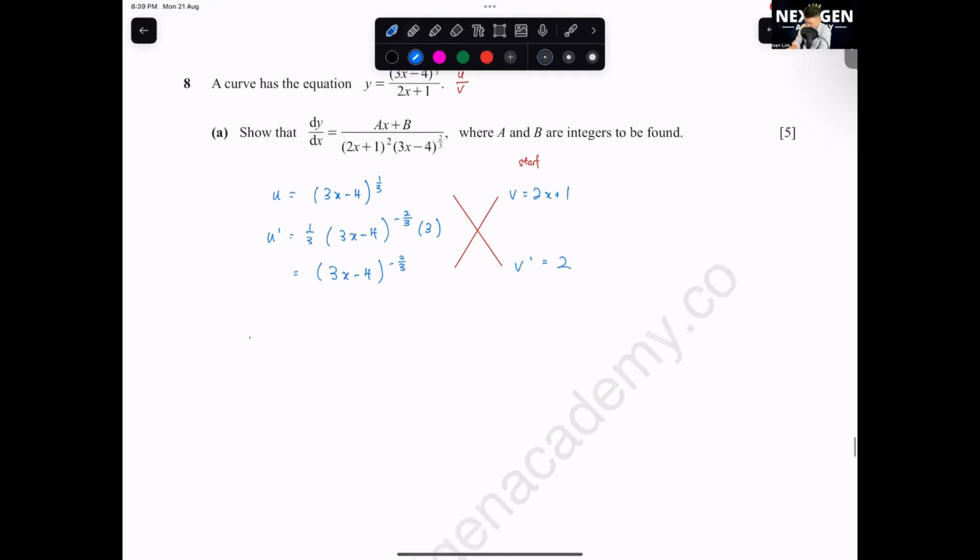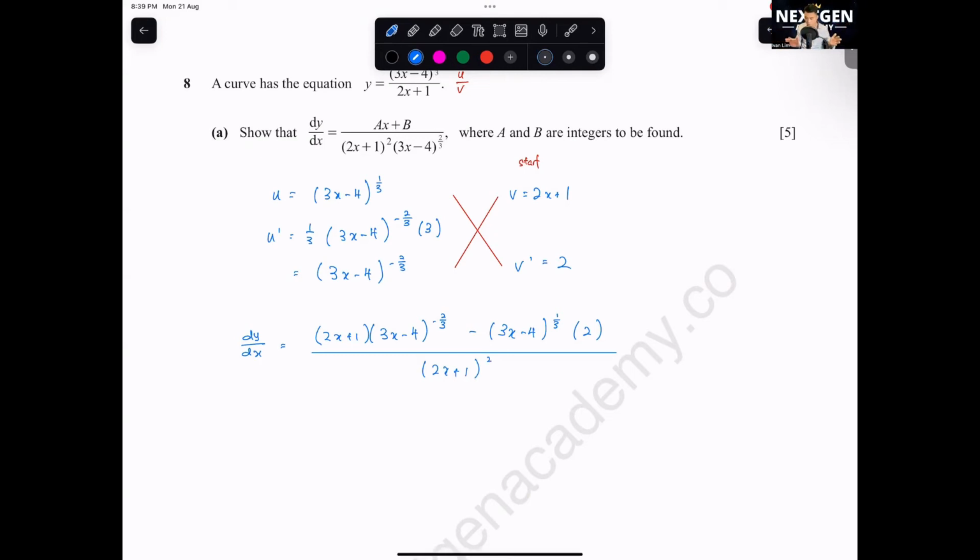So dy over dx is 2x plus 1 multiplied by 3x minus 4 power negative 2 over 3 minus 3x minus 4 power 1 over 3 times 2, over v squared, 2x plus 1 squared. So actually the differentiation part, you have already done.